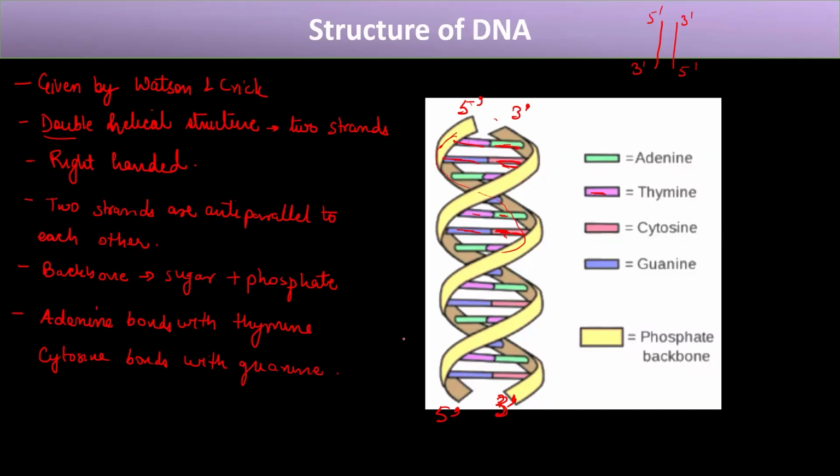Now, in DNA, we have certain other things. So let's draw the structure again. Okay. So we have one more thing about the structure. If you draw the structure like this, this is the DNA structure, right?